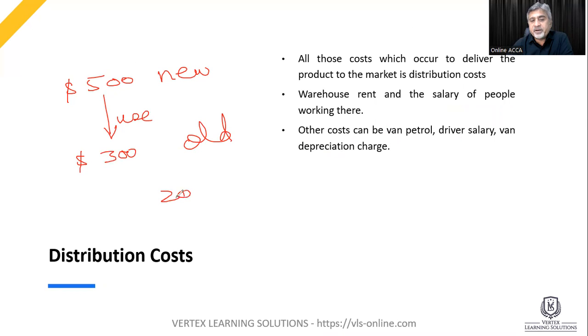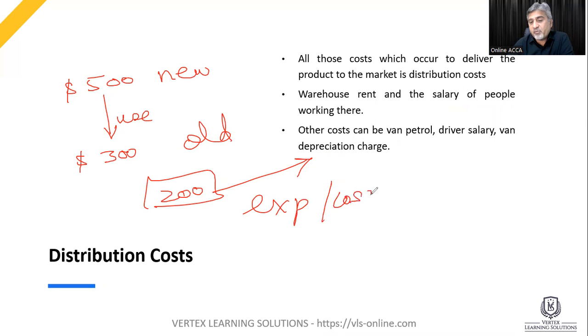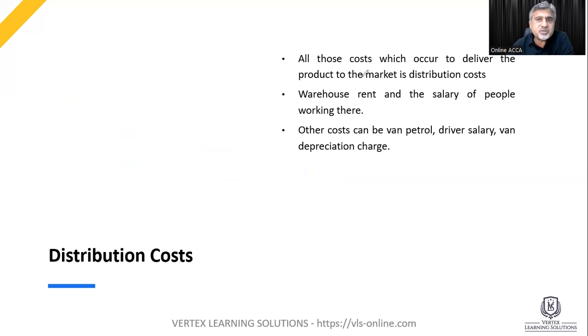So where is the 200? This 200 is depreciation. It is kind of an expense because it is a loss in the value of your phone while you were using it. And losses are expenses.